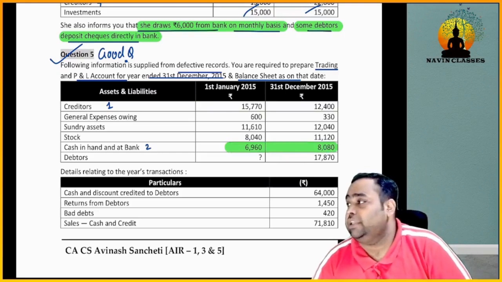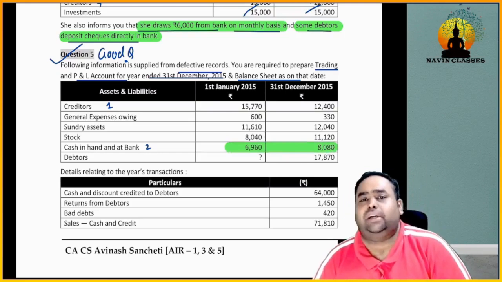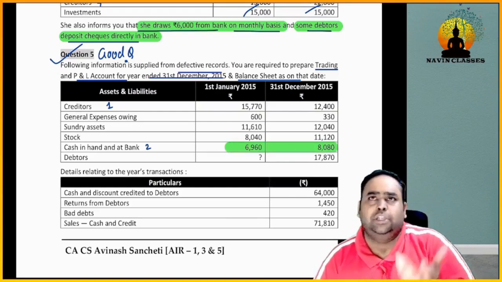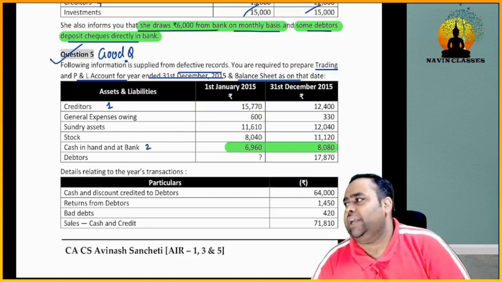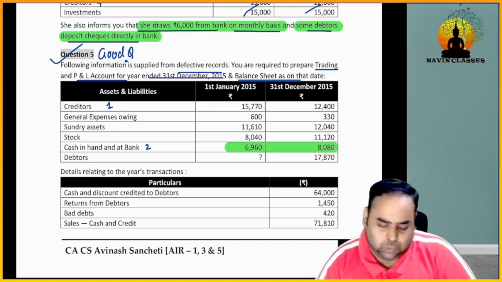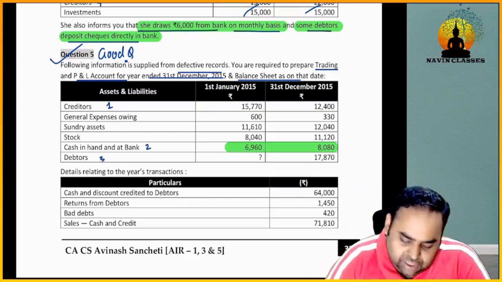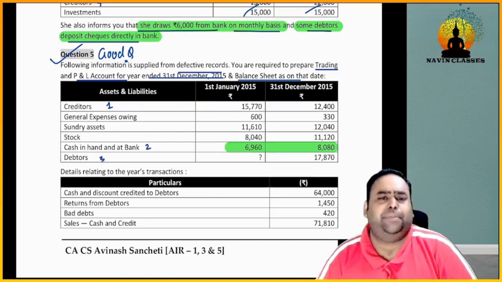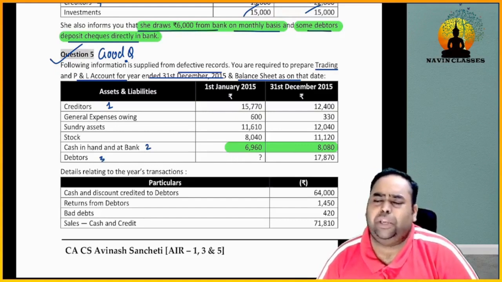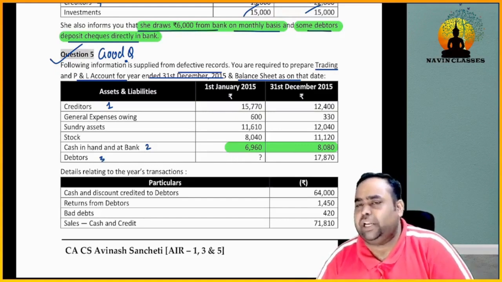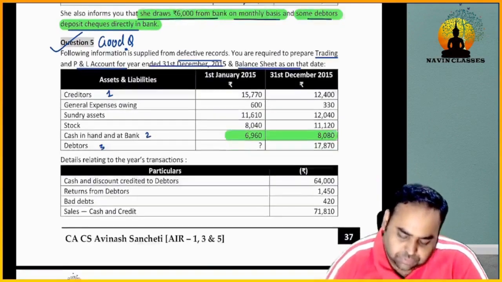Now, if the balance is given combined, then normally we have to prepare only one ledger account because we cannot create separate ledger accounts for two. So if the balance is given combined, then I can create a combined account for cash and bank. For the debtors, it's my third account. And fourth, I'll prepare an opening balance sheet, only because the opening capital is not given.